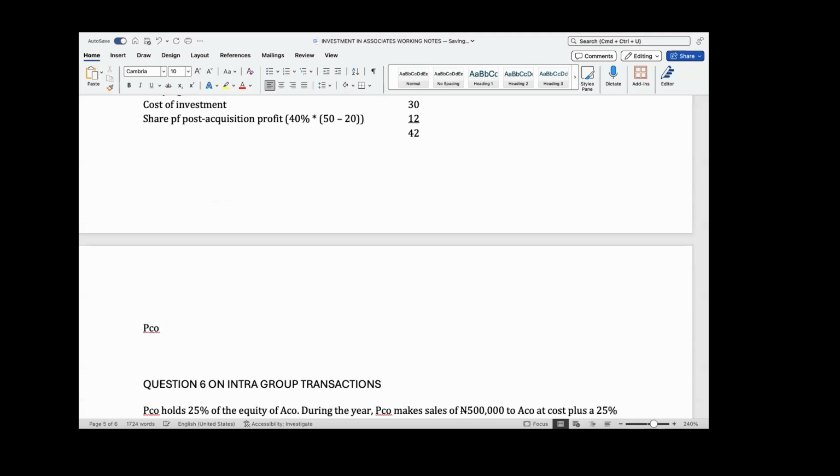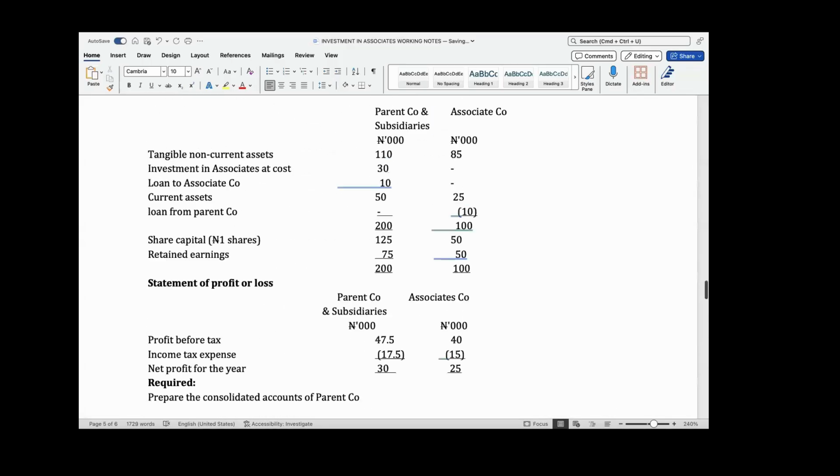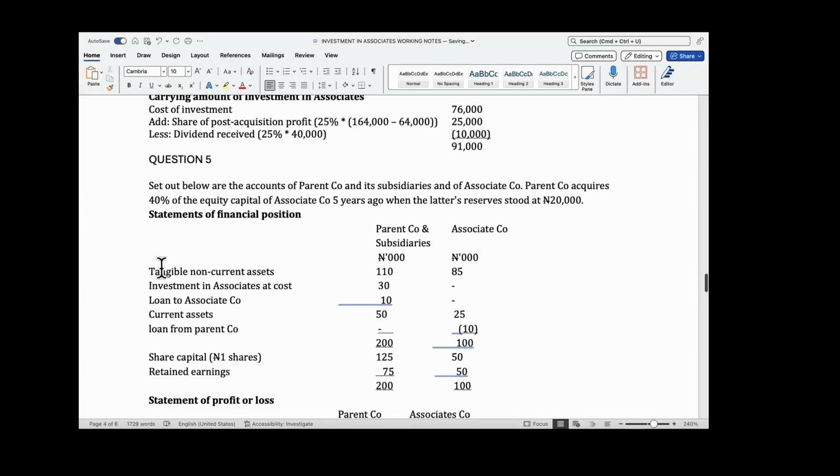So for PICO, consolidated statement of financial position. First, I have tangible non-current assets. How much will I consolidate? 110. Thank you very much.